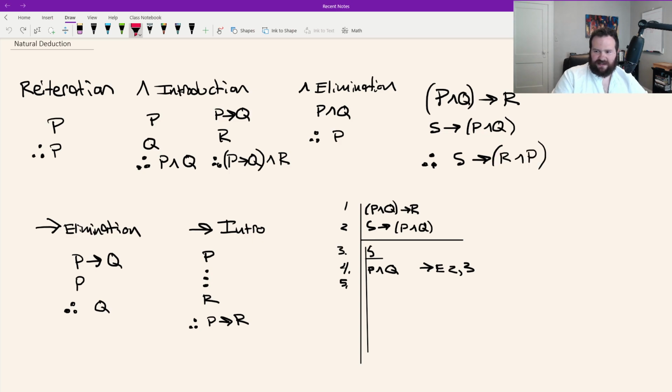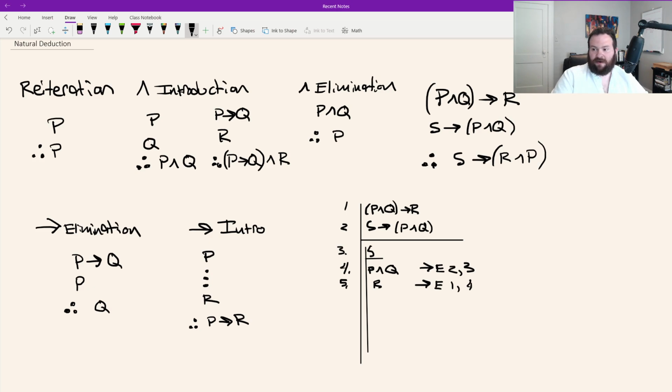So this hasn't been completely what I'm looking for. I need to get R somehow. Well, if you notice, P and Q is the key to unlocking R from line 1. So I'm going to get R now using conditional elimination 1, 4.